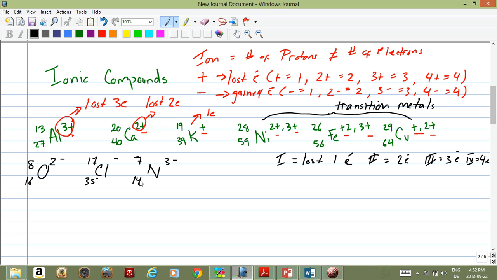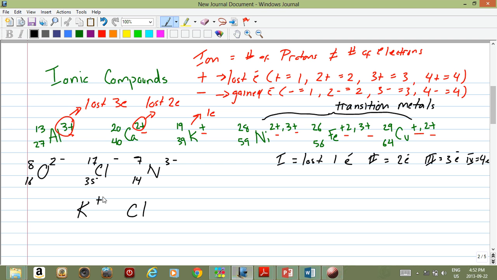Now, when you know the charge of each element, or how many electrons they would like to gain or lose, then you can easily derive the formula of these compounds when you put them together. So, for example, if I was to take something like potassium and something like chlorine. Now, knowing that potassium wants to be positively charged, and again, you don't have to memorize this. You'll be provided a table, and you'll have the charges.